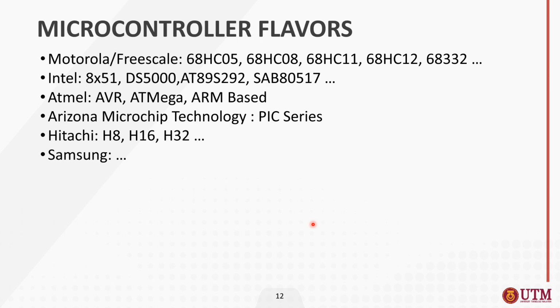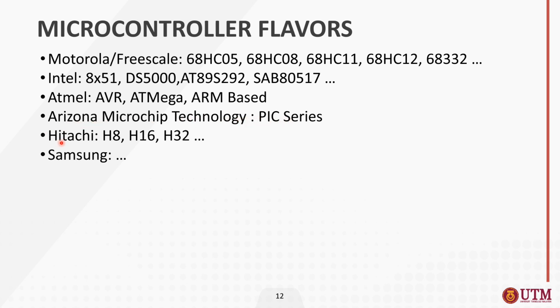So these are some of the micro C flavors. For example, you have from Motorola 68HC05 until 68HC12. You can also have micro C from Intel, the 8051 and so on. From Atmel, you also have Atmega or ARM-based, which is from Arduino Due. You can also get micro C from Arizona Microchip Technology, which is the PIC series.